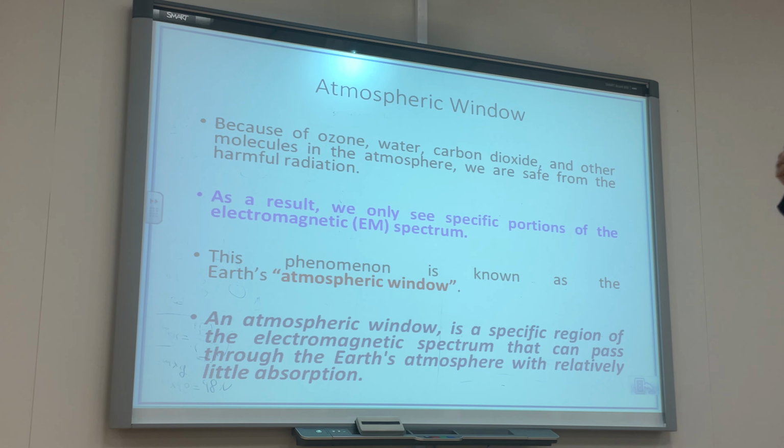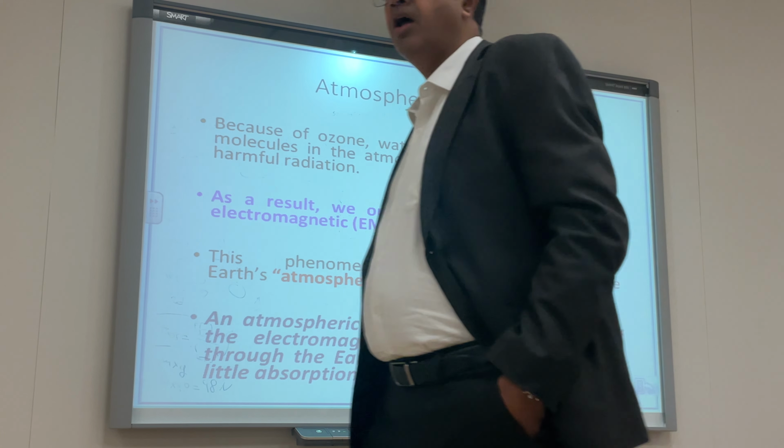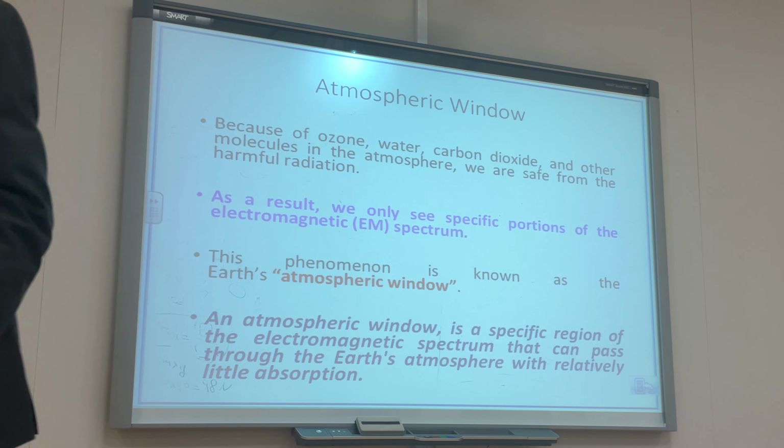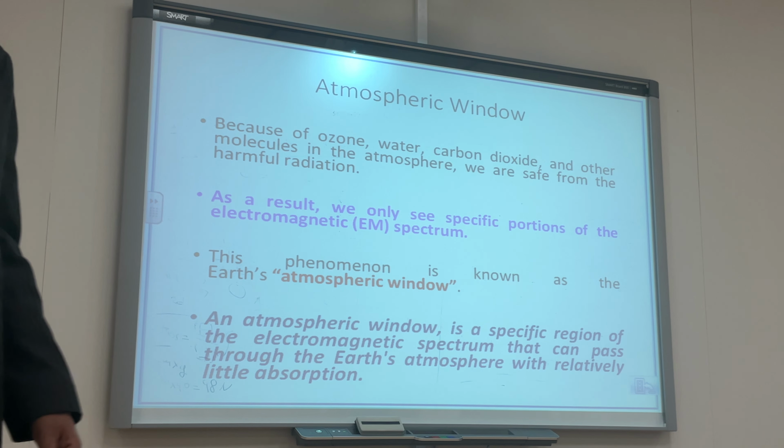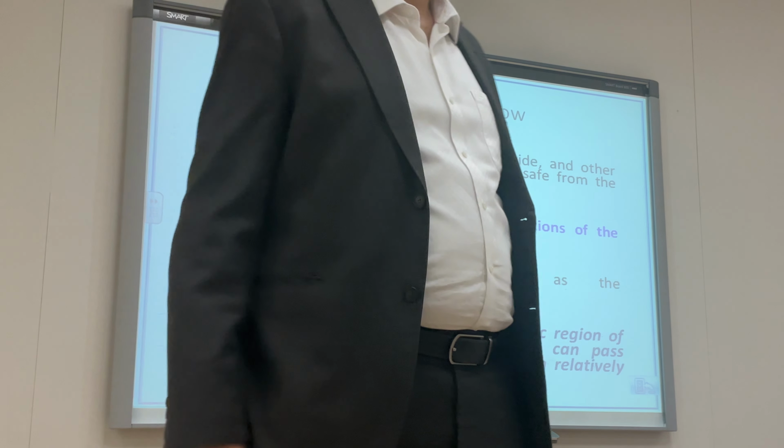So tell me, based on this definition, are infrared rays a part of the atmospheric window? Yes. Yes or no? He's saying yes. Can infrared pass through the Earth's atmosphere? No, it's reflected, it's absorbed. No. Infrared can pass through the Earth's atmosphere.